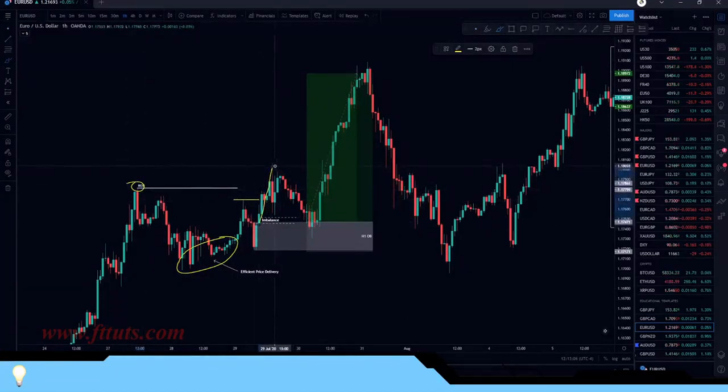Then you see price coming back down in a corrective manner. The size of these candles is a lot smaller than the ones within this impulse, and you can see a sequence of lower highs and lower lows to reach that order block.